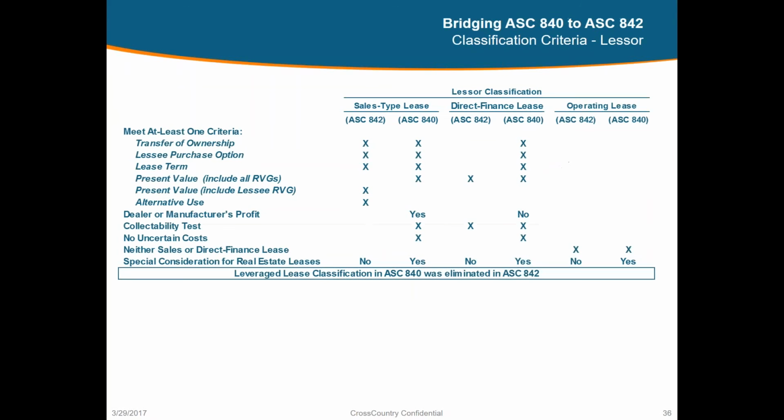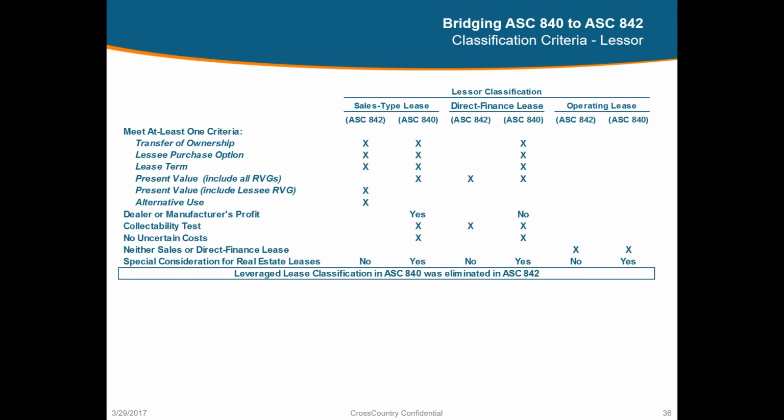This slide presents a bridge between the lessor classification criteria, topic 840, and topic 842. The biggest difference relates to the criteria that distinguishes a sales type lease from a direct finance lease. Under topic 840, the only distinction related to whether a lease gave rise to a manufacturer's or dealer's profit or loss, in which case the lease was classified as a sales type lease.